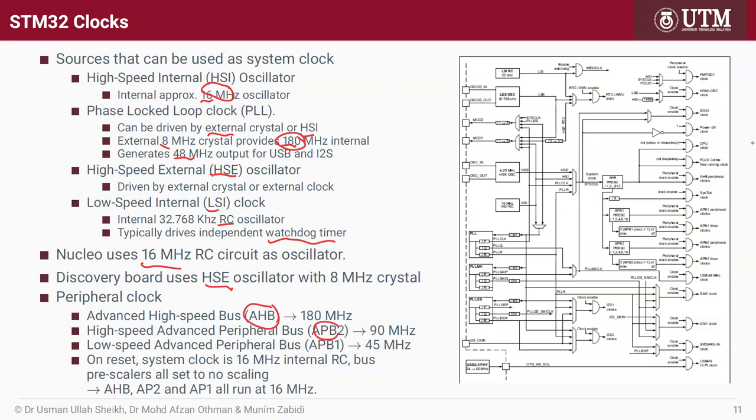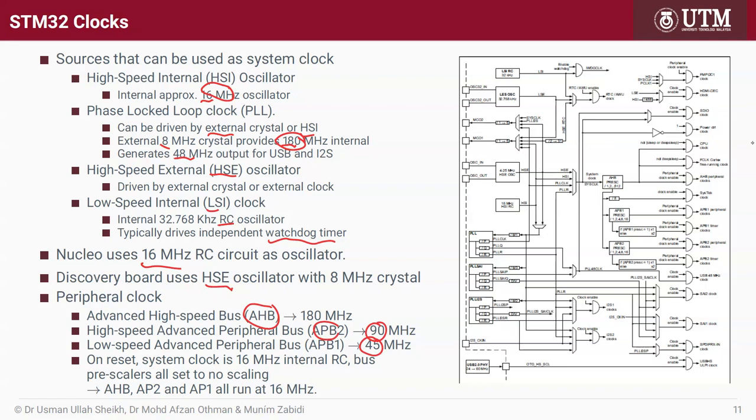The high-speed bus is normally used to connect to flash memory, and the peripheral bus is used to connect to lower-speed peripherals. In this case, we can see that the high speed here is 90 and the low speed is 45, and depending on the device, ST, the maker of STM32, allocates which device goes to APB1 or APB2.